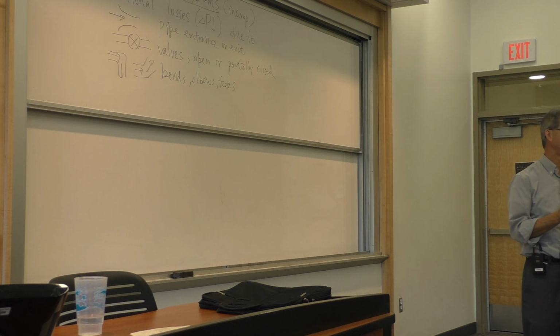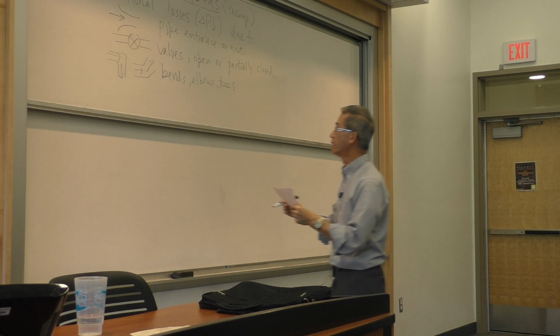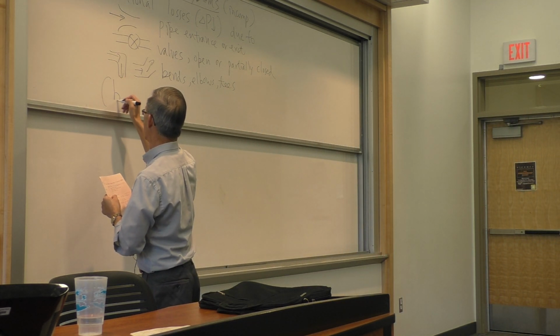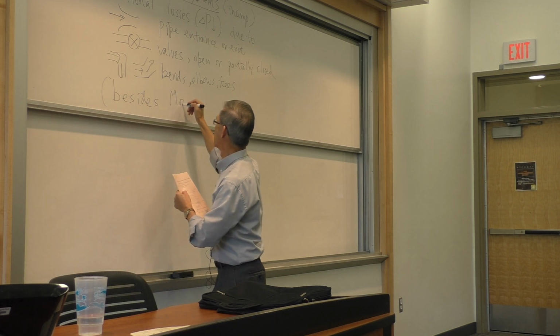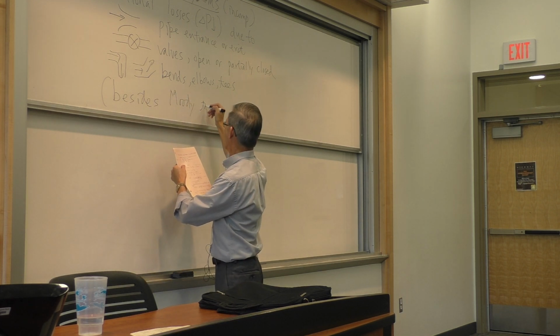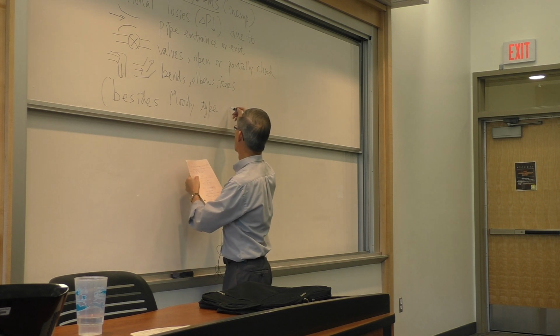So let me make sure I don't miss that. What are really the so-called minor losses? Those are the losses that I cannot represent in the Moody diagram. Why?